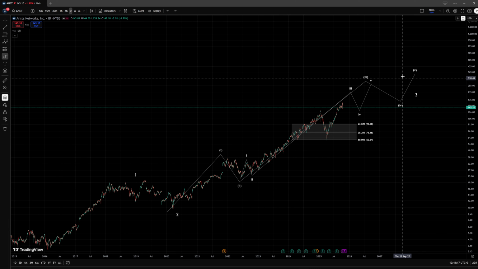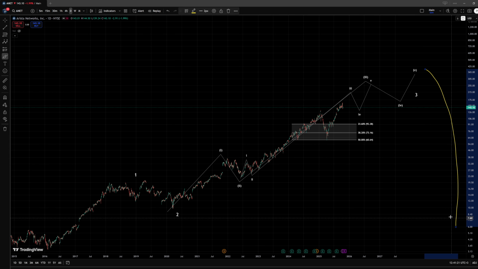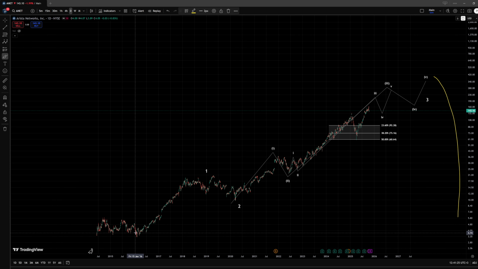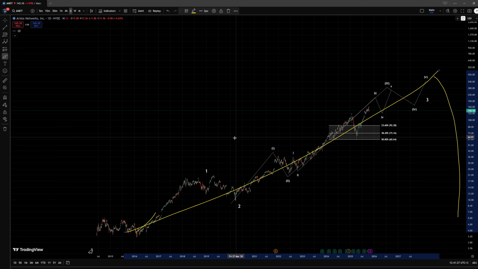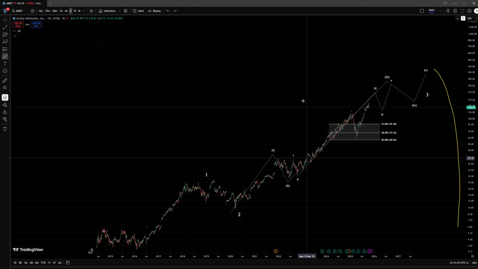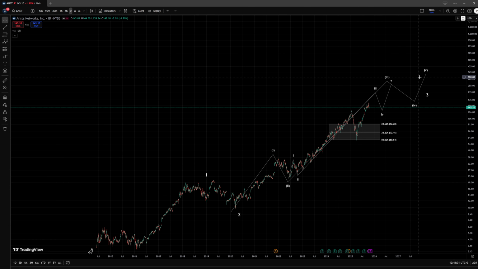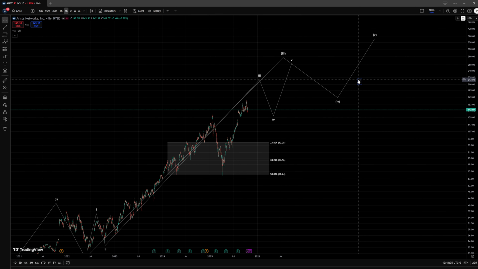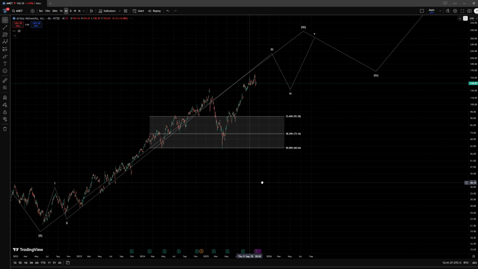But in that case, after we complete the wave C, we could see quite a sharp decline to the downside in a correction for maybe a larger wave 1 to the upside. It would be a very high risk area in my opinion if we develop this within a wave C to the upside instead of a third wave up.